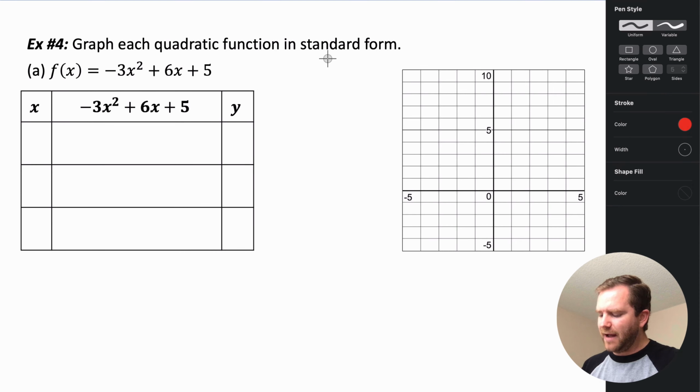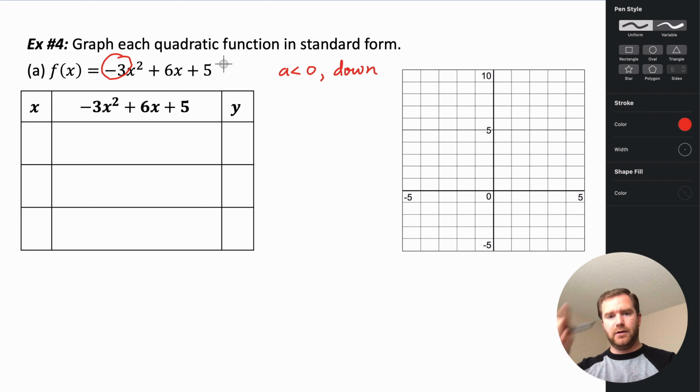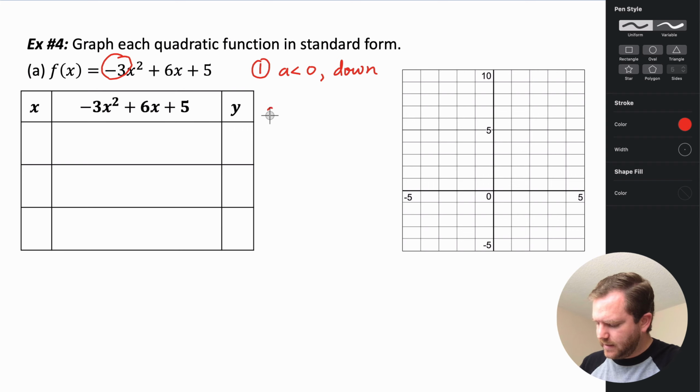We want to find the graph of this function in standard form. First, does this open up or down? a is negative 3, so it's negative. So this opens down. We should have a graph that kind of goes down like this. That's the first step. The second step is to find the axis of symmetry and vertex.